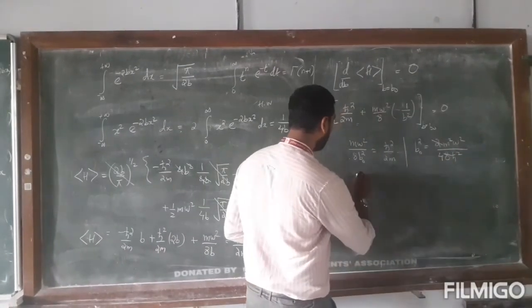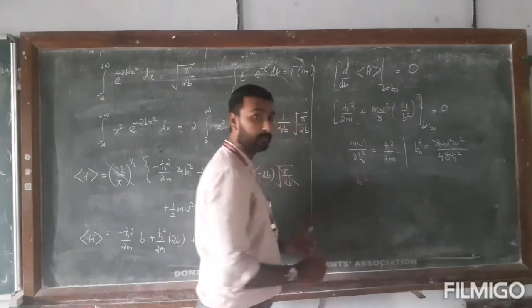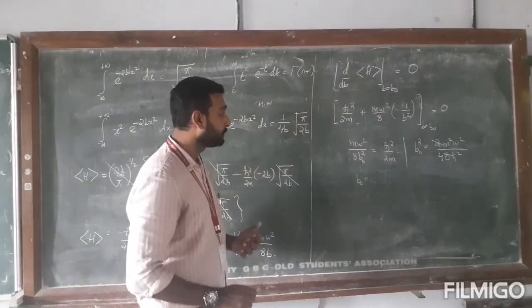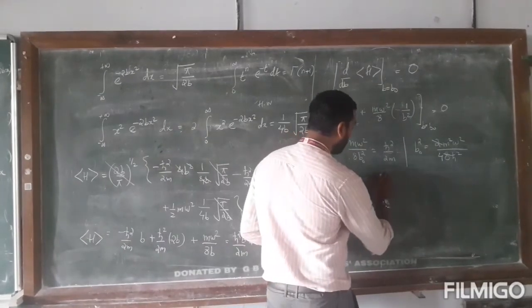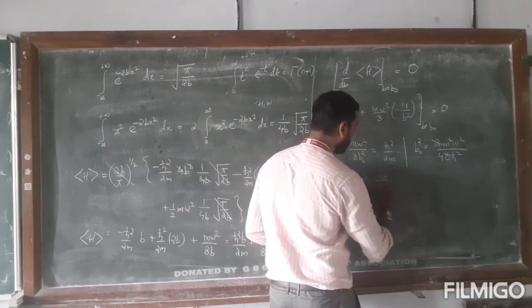Finally, you will get the parameter which minimizes the Hamiltonian. The parameter b which minimizes the Hamiltonian will be mω/2ħ.